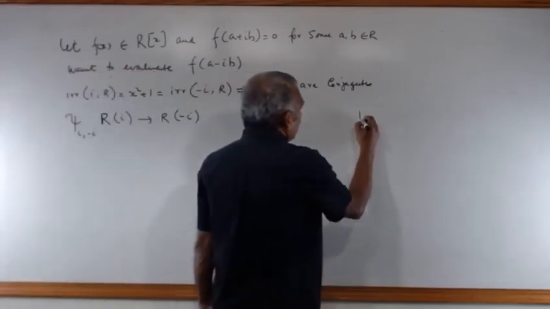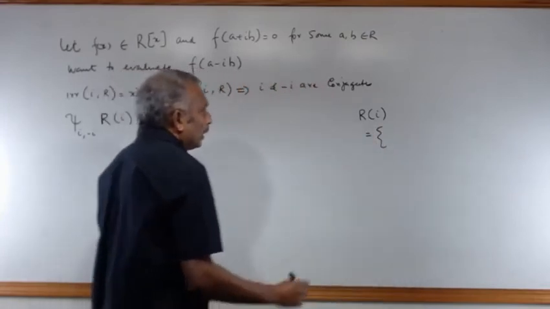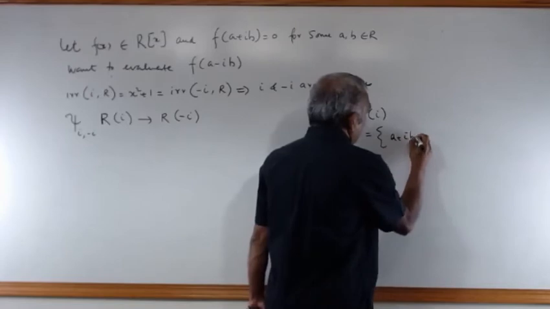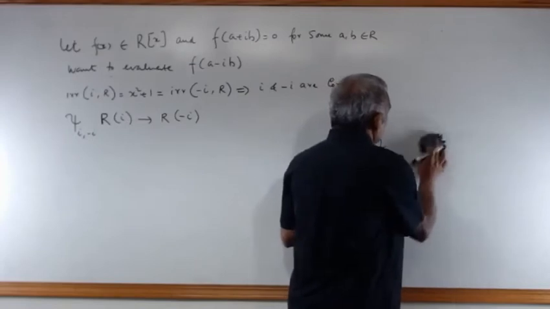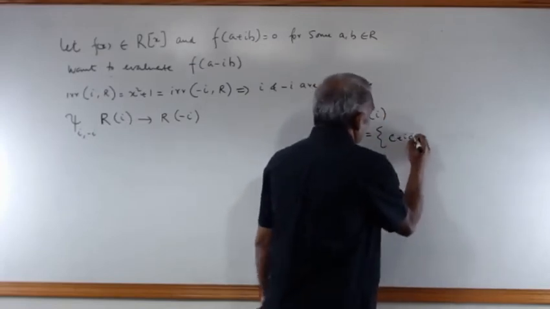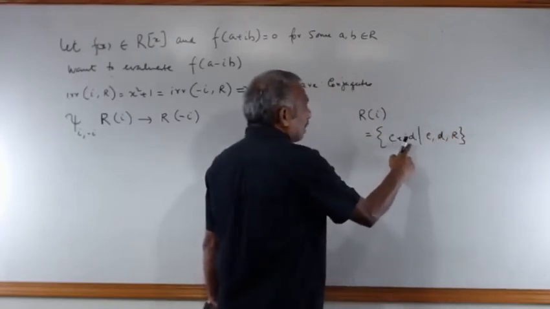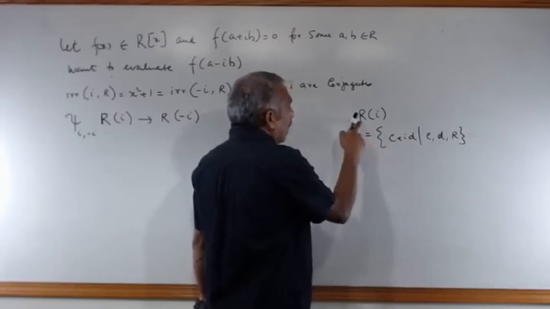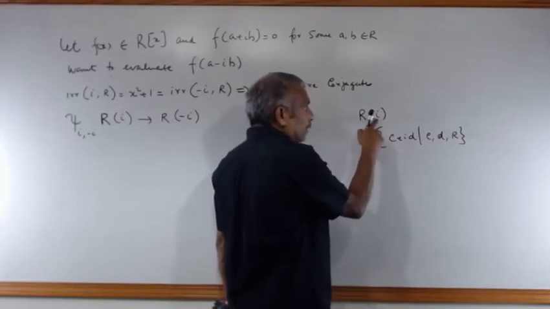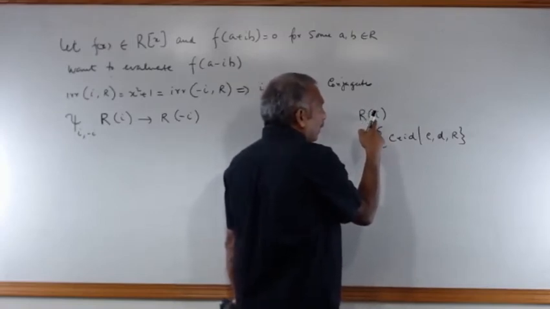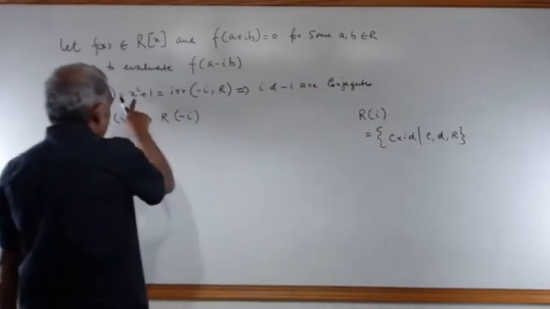But R(i) is equal to the set of a plus ib, a comma b in R. Let us not write the same a and b; let's write c plus id, c comma d in R. This is because R(i) contains the polynomials in i whose degree is less than the degree of the irreducible polynomial of i, which is 2.